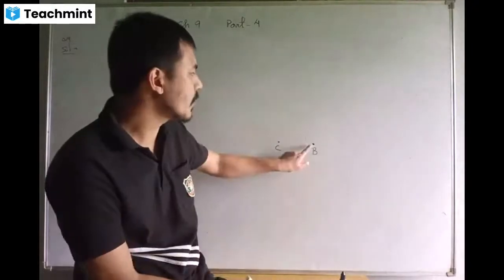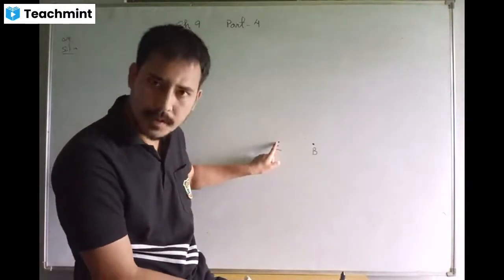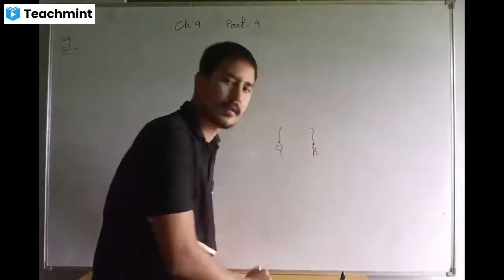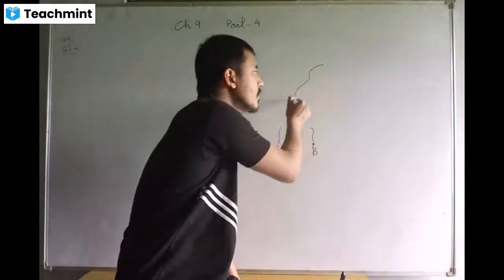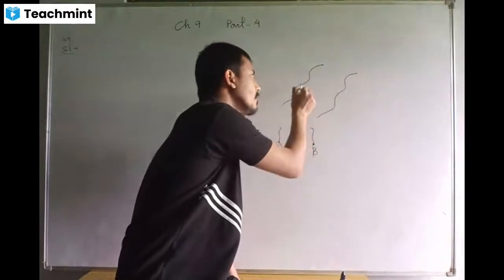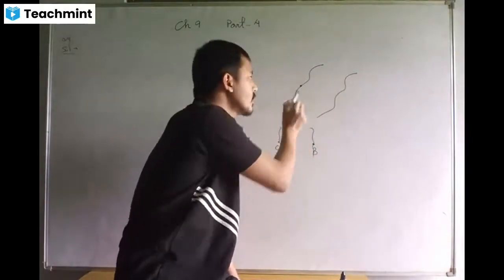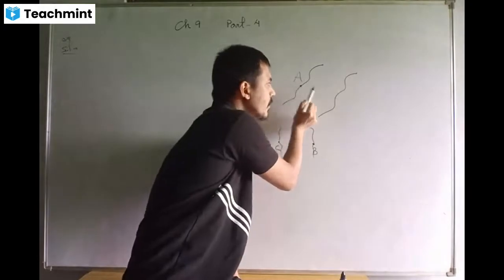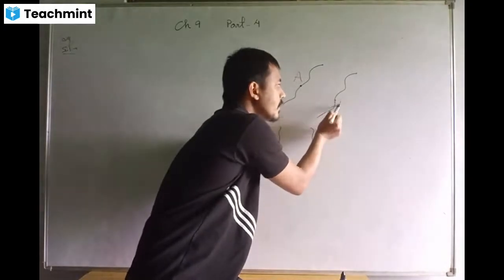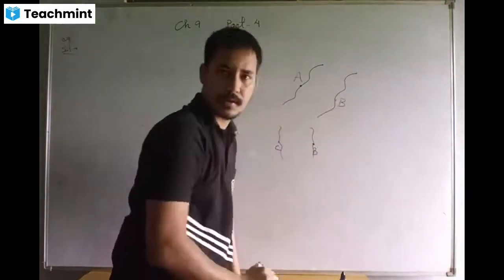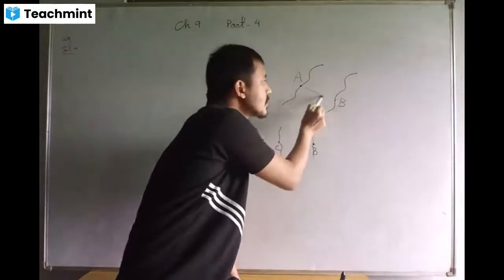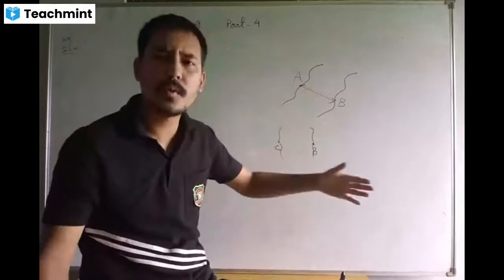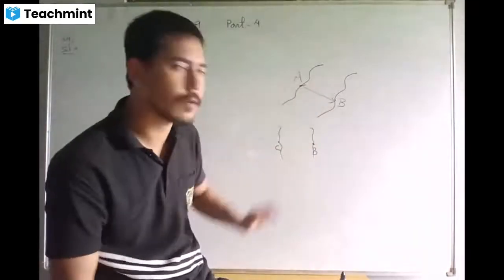Okay, BC would be the width of the canal. Suppose if this is a river, you choose a point here, this is one bank of the river. Just opposite to point A, you choose another point here, B. This is the opposite bank. So the distance between them gives you the width of the river. Similarly for the canal.